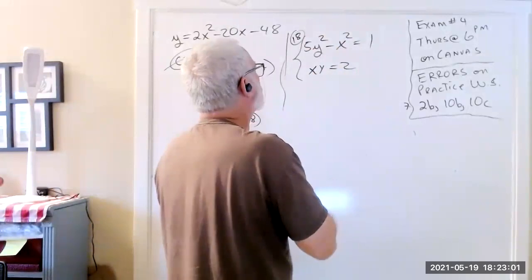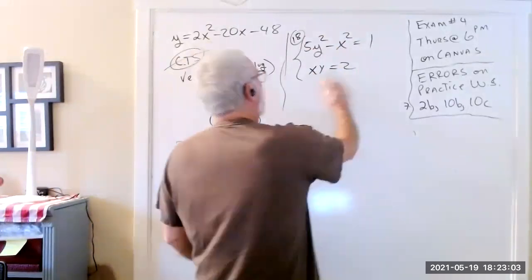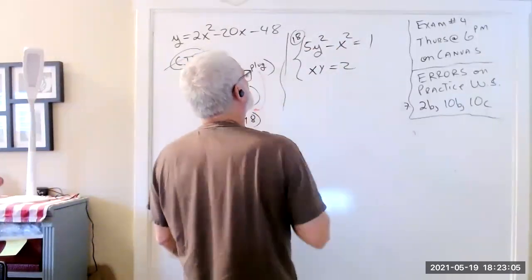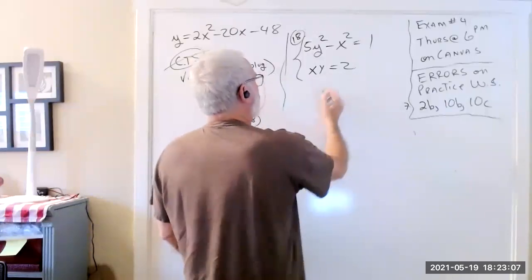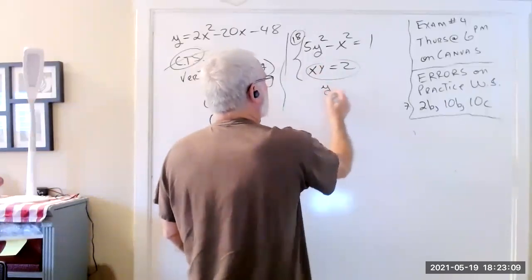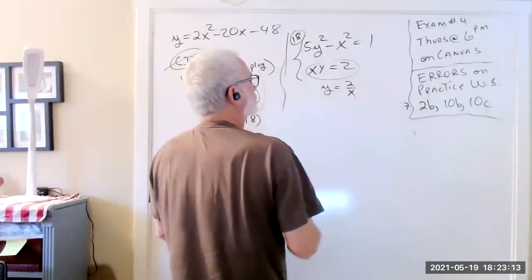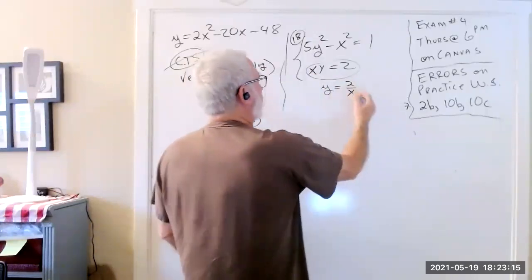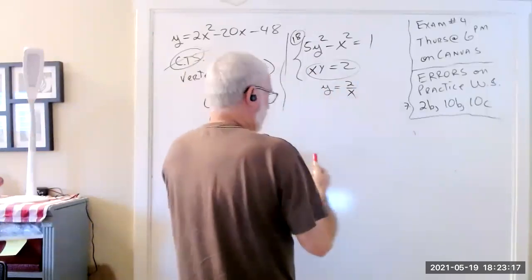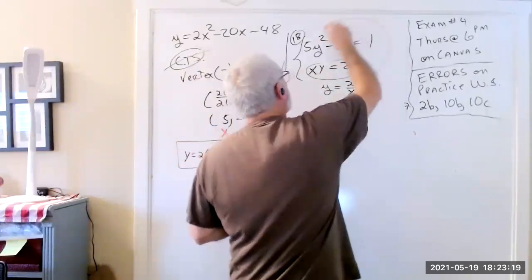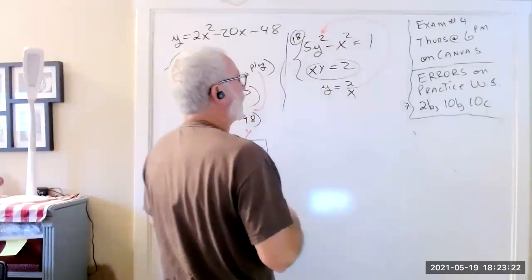Trying to decide which is the easiest way. I would take this equation and get y equals 2 over x, and then plug it in here for y.